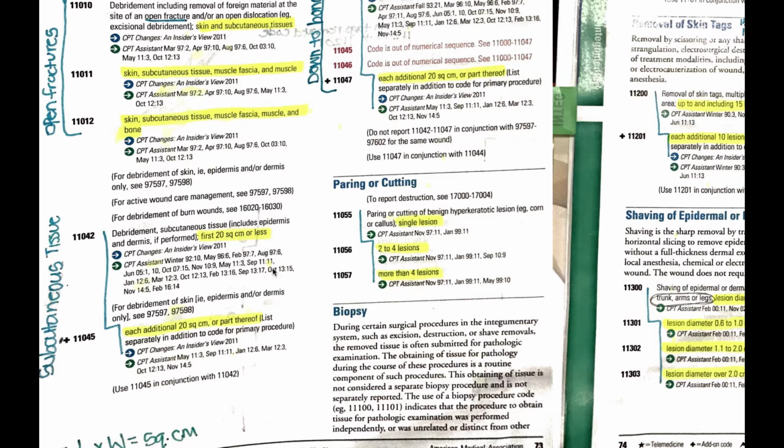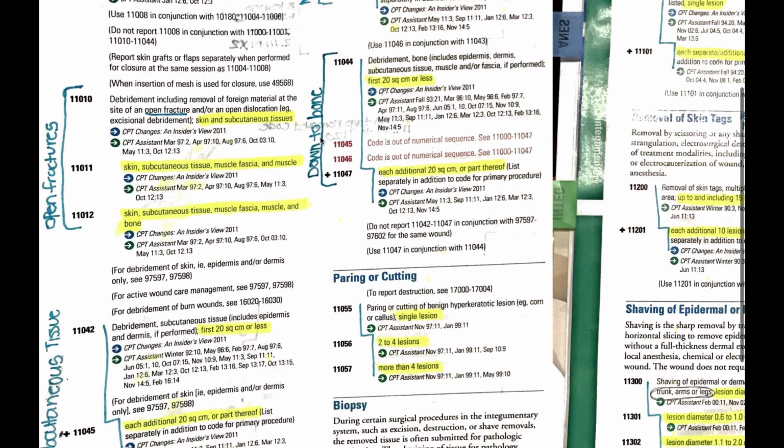So you would append 11042 for the first 20 square centimeters and 11045 for the additional 15 square centimeters. On the other hand, if a wound on your shoulder was debrided to the bone for 15 square centimeters and there was a wound debrided down to subcutaneous tissue for 15 square centimeters on your knee, you would append 11042 for the knee since it went down to subcutaneous tissue and was not more than 20 square centimeters.